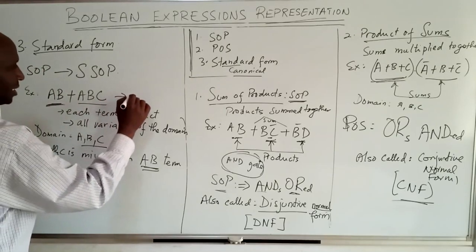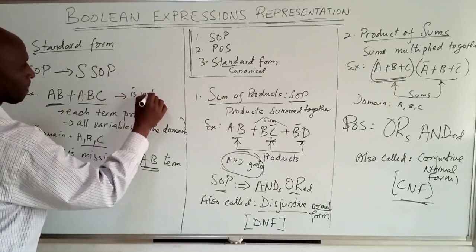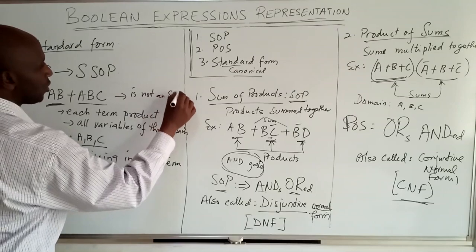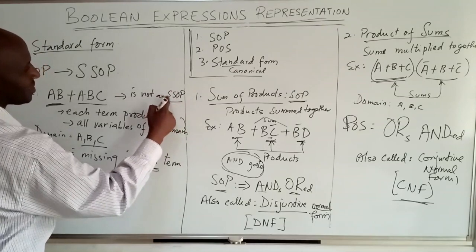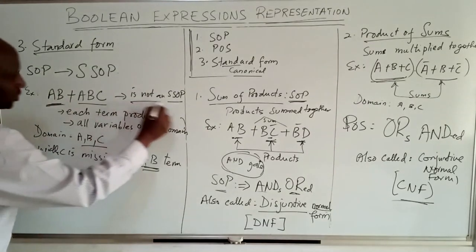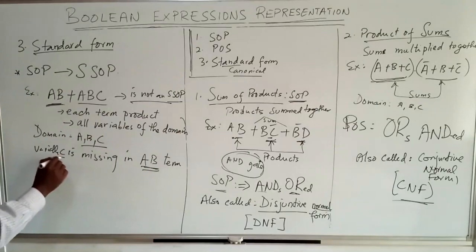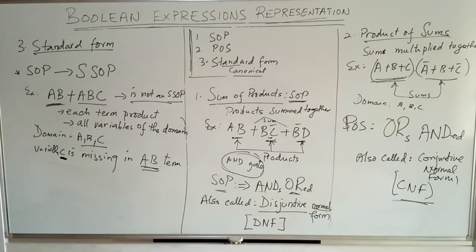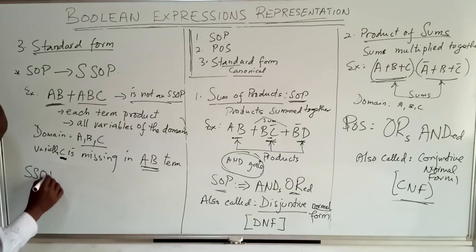So this is not an SSOP, standard sum of product. Why? Because the variable C is missing in the first term. So how can it be a standard SOP?